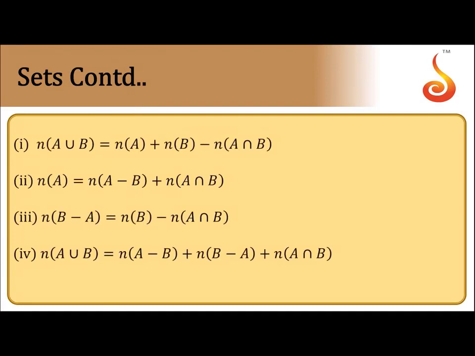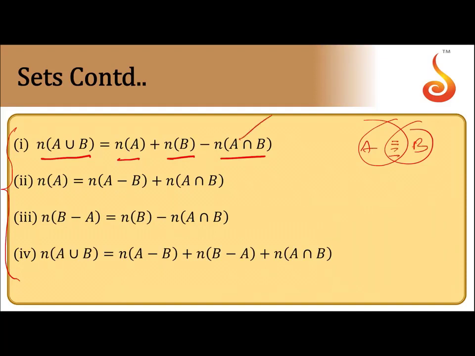Coming to when A, B are not disjoint sets, there are certain identities which we follow. The union is n(A) plus n(B) minus n(A intersection B). This is A and this is B. You take A entirely and B entirely, but the common points are counted twice, and therefore you subtract them once.